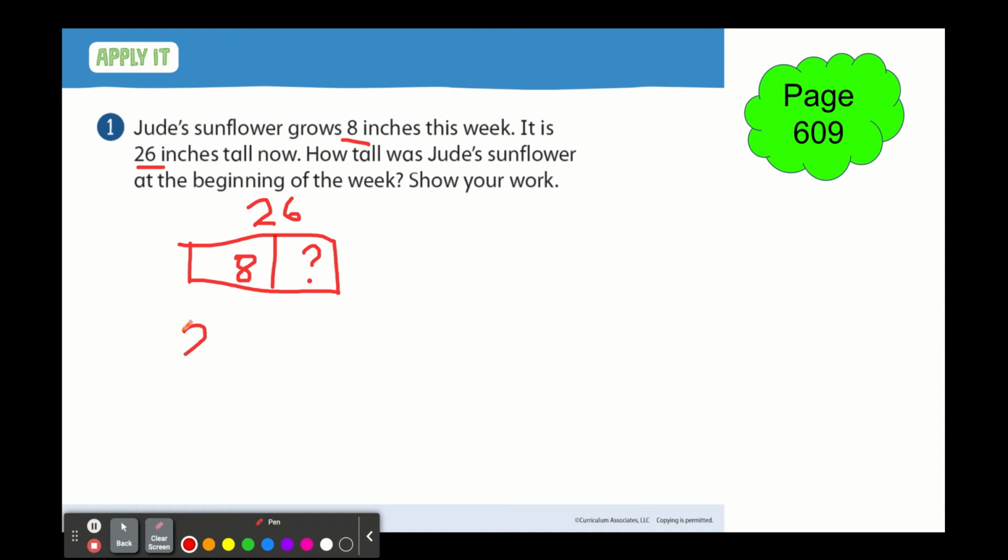So we have 26 minus 8 equals. All right. So you guys, I've put out how you will solve the problem. Now, try to find out what is the answer for 26 minus 8.